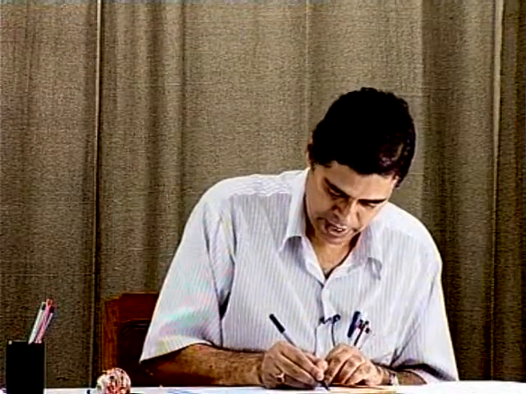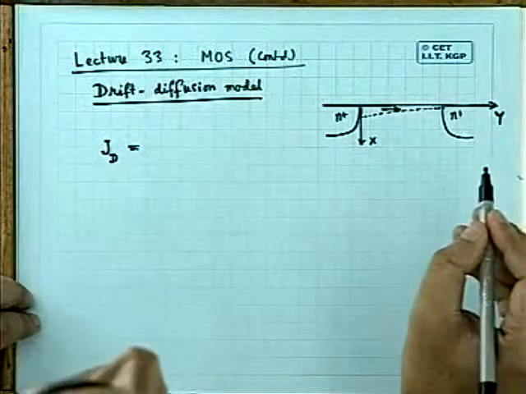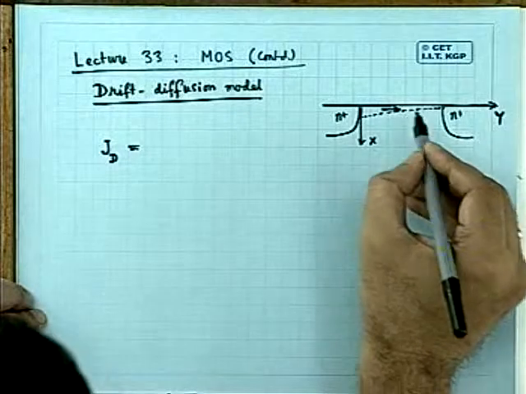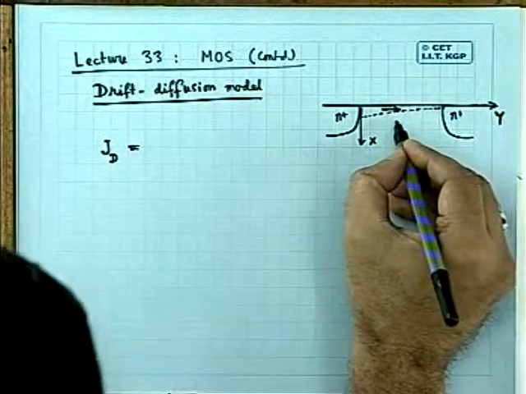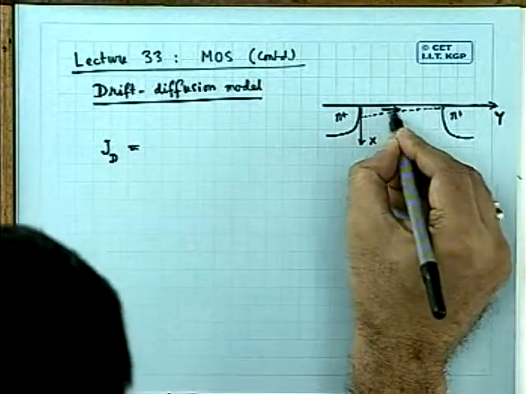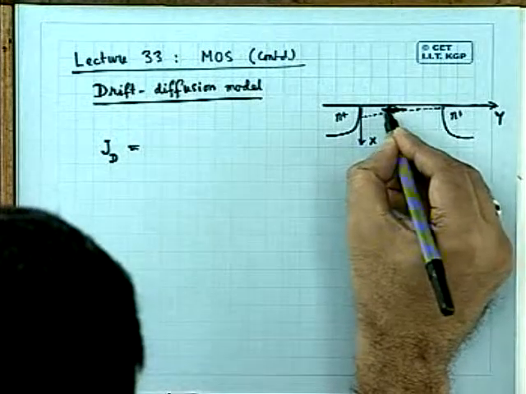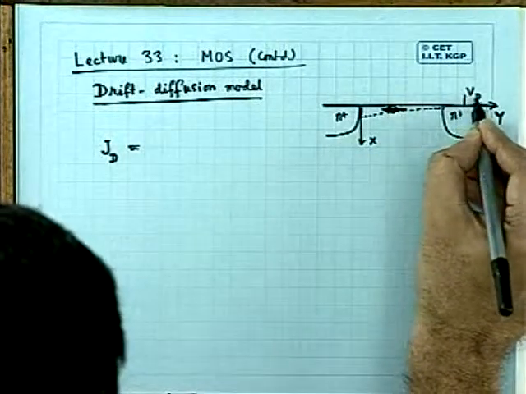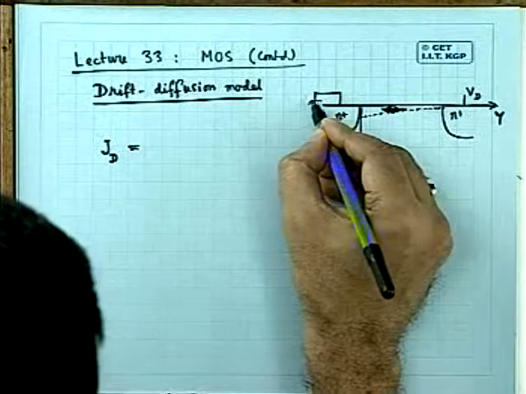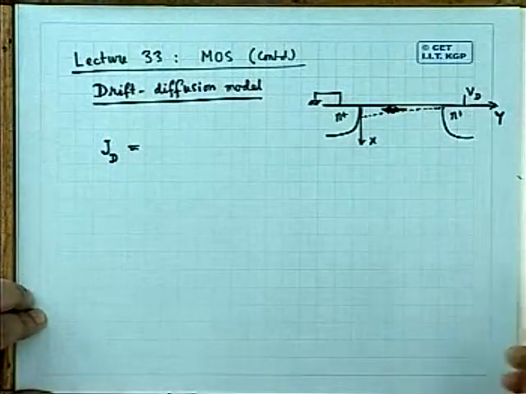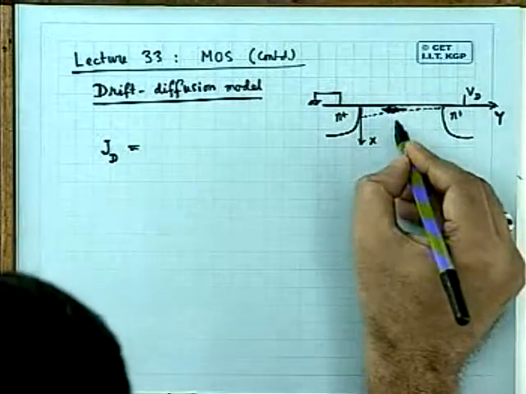So this JD, I now write for JD, the current density moving to the drain. Of course, this is electron current, but I may show the actual current. Normally this is VD and this is grounded. This is my JD.